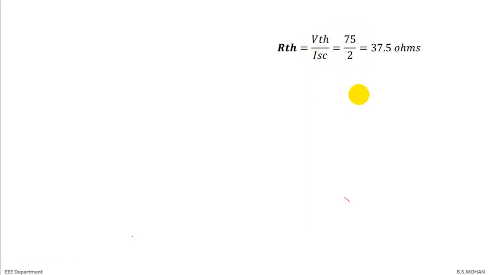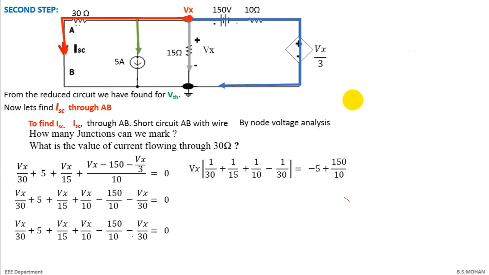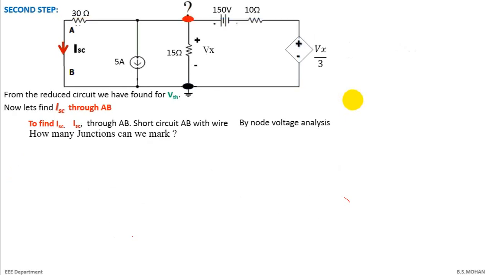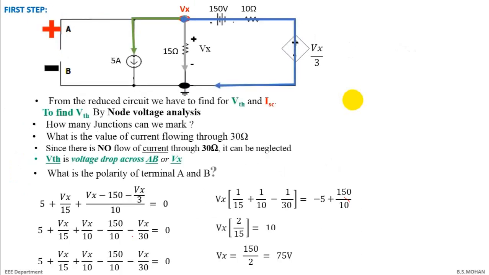And I've told clearly in the theorems that the Thevenin equivalent is similar to a practical voltage source, that is, a voltage source connected in series with a resistance. Right, now before writing the Thevenin equivalent circuit, I want you to go back and see how we solved for 75 volts. This is open circuited, we solved by nodal, and got Vx as 75.